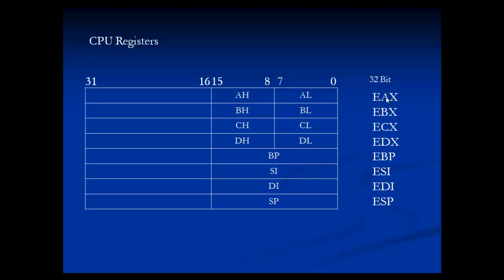Now this AX in turn can be broken into AH and AL, 0 to 7 AL and 8 to 15 AH. This AL stands for lower addresses and AH stands for higher addresses. Similarly, the other registers also can be broken into subsets of themselves.